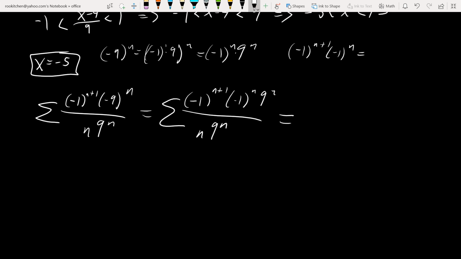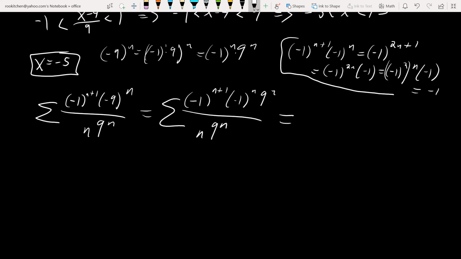Well, you add the exponents, you get negative 1 to the n plus 1 plus n, which is 2n plus 1. And then you could factor that into negative 1 to the 2n times negative 1 to the 1. Negative 1 to the 2n is negative 1 squared to the n. Okay. Negative 1 squared is 1, and 1 to any power is 1. So at the end of the day, what this thing equals is just negative 1, believe it or not.